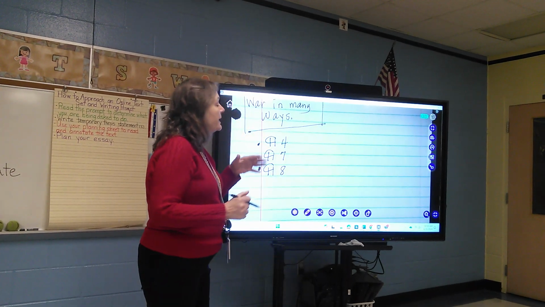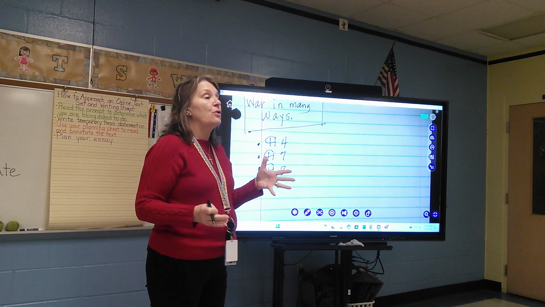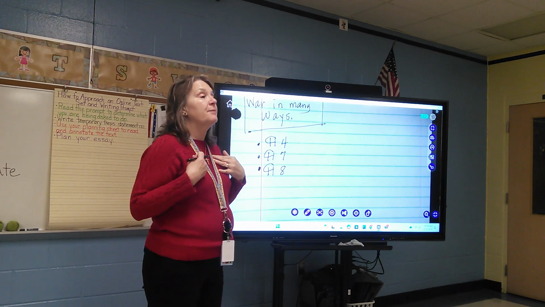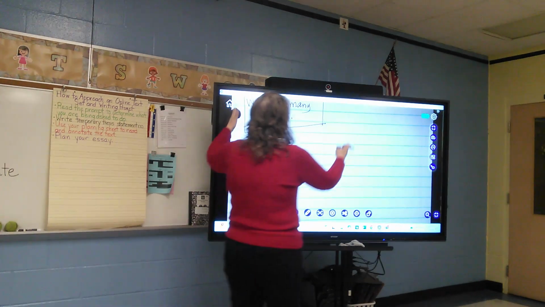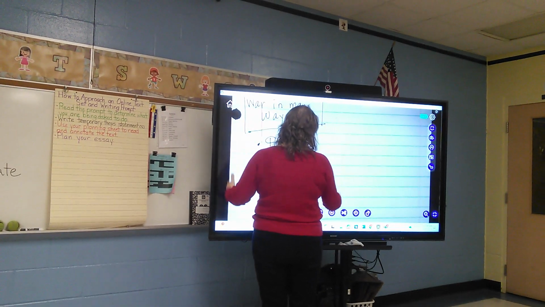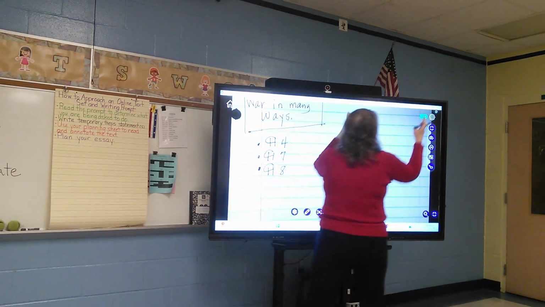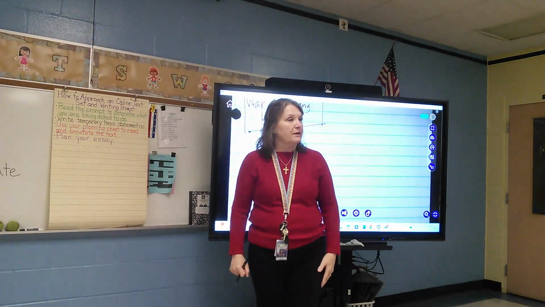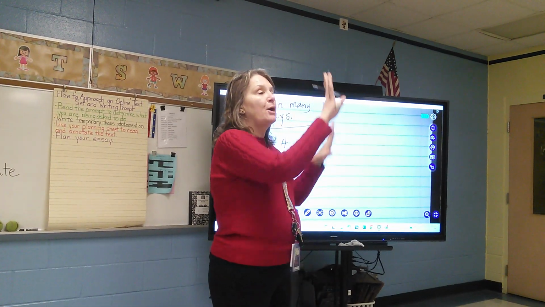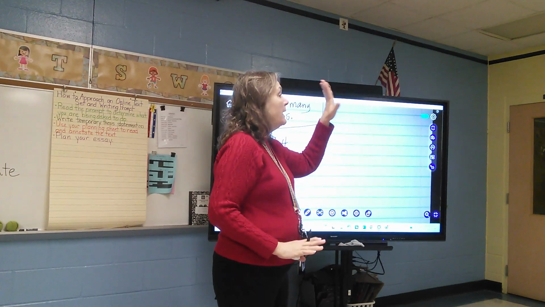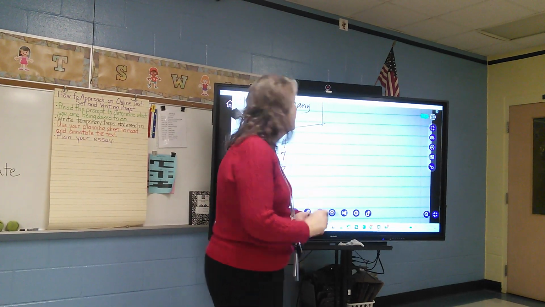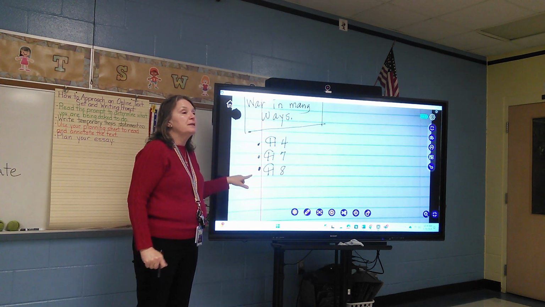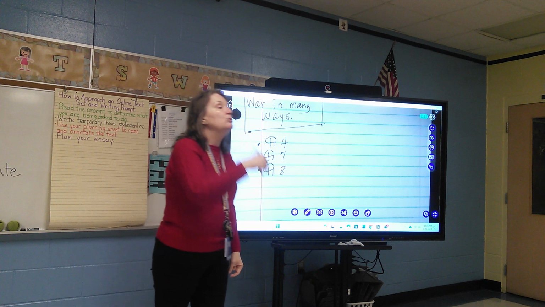And if anybody has gone to the Florida State Assessment Portal, what you're going to notice and what we're going to simulate when we start writing is that you have your essay on one side of the screen, you have where you're typing your essay on the other side of the screen. So you'll be able to look at both what you're writing and the text set at the same time. But your detail, your bullets underneath your boxes, that is going to tell you where to go look.